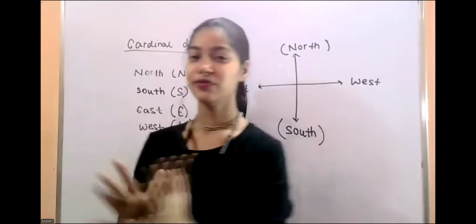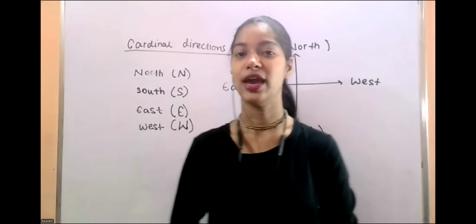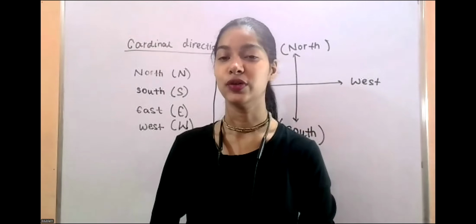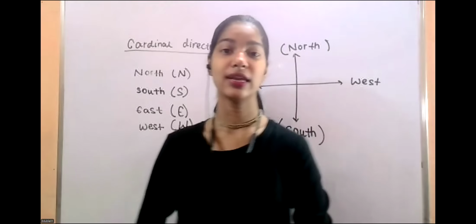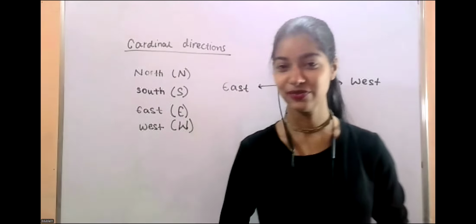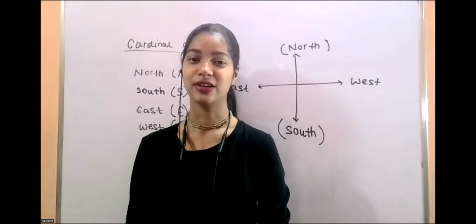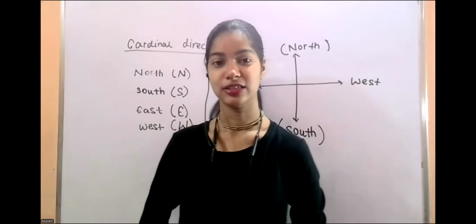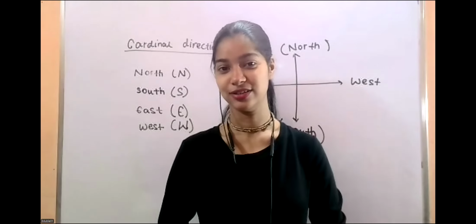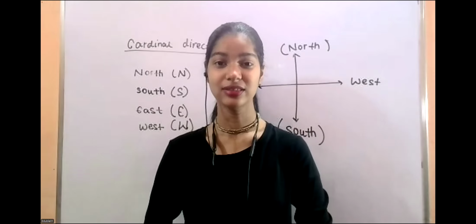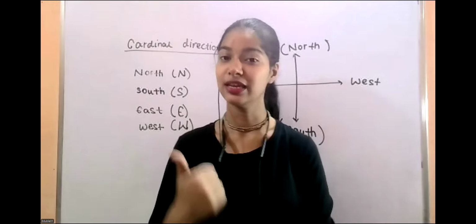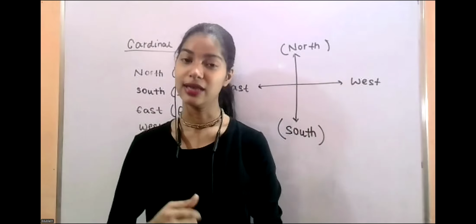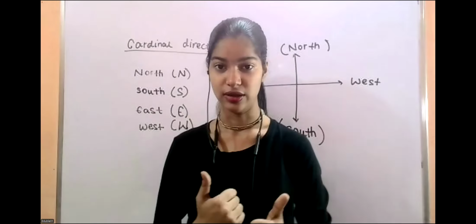So that's all for the directions. We have learned what is left and right. We are very clear with that. If you are very clear with left and right, then only we can know the cardinal directions. In cardinal directions, we have learned about four directions: north, south, east, and west. I told you the position of east and west changes as your position varies.